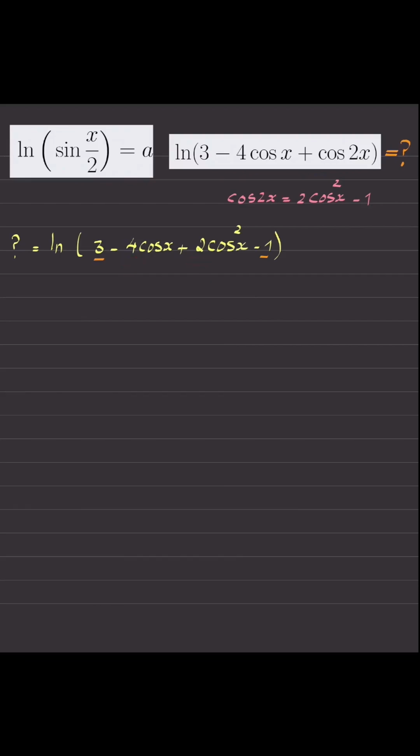Let me write it in 2 steps: ln of 2 cosine x squared minus 4 cosine x, and then 3 minus 1 is plus 2. Now I factor a 2 out, so it becomes 2 times cosine x squared minus 2 cosine x and then plus 1.